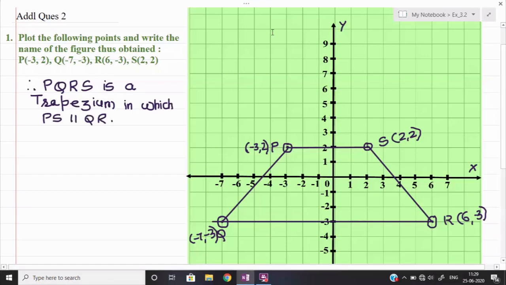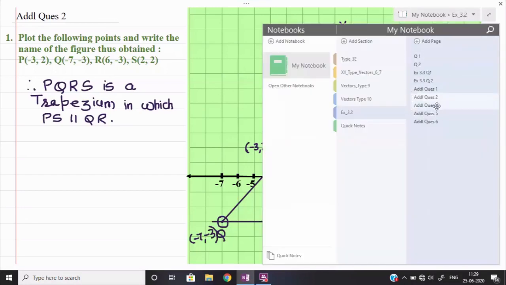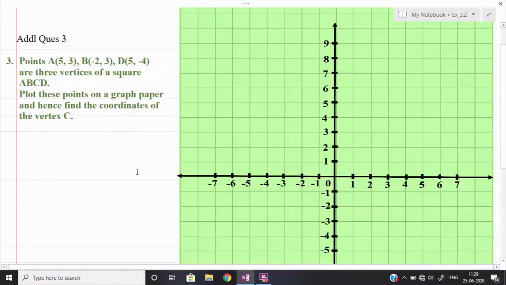Now let us start additional question number 3. So what is given in that? Let us see. In additional question number 3, it is given that three points A, B, D, whose coordinates are 5, 3, -2, 3 and 5, -4, are 3 vertices of a square ABCD.